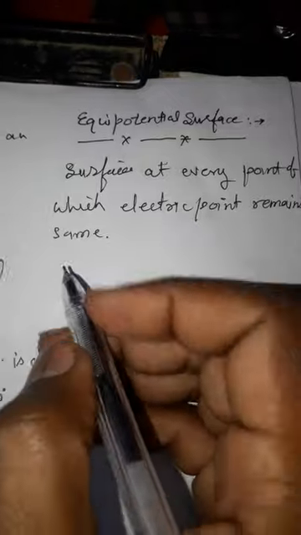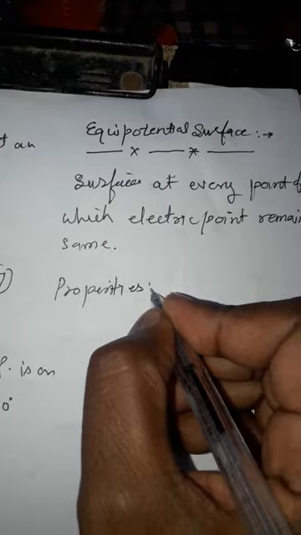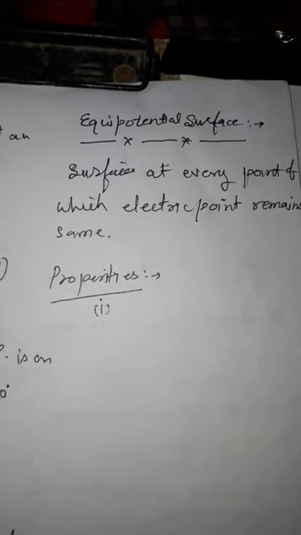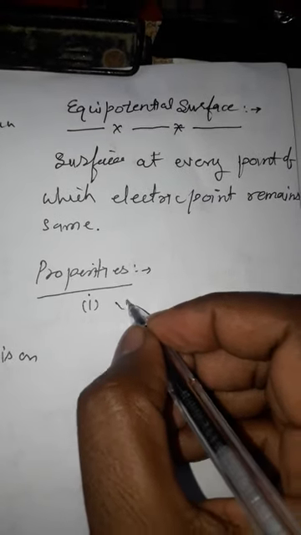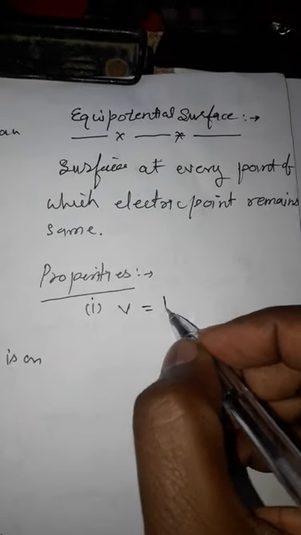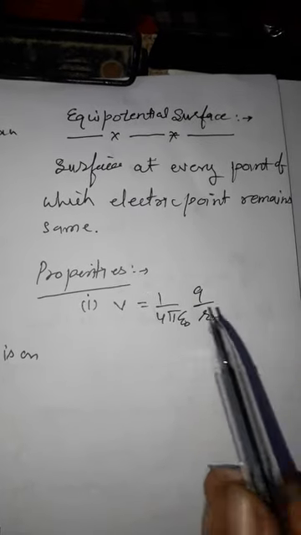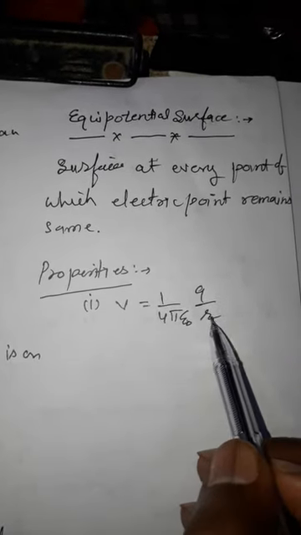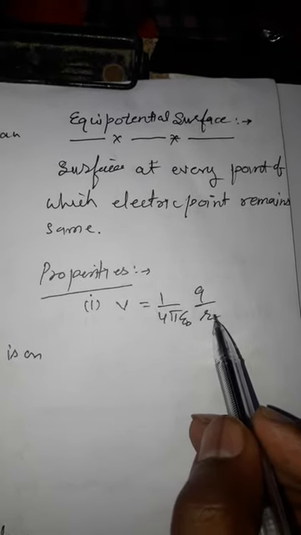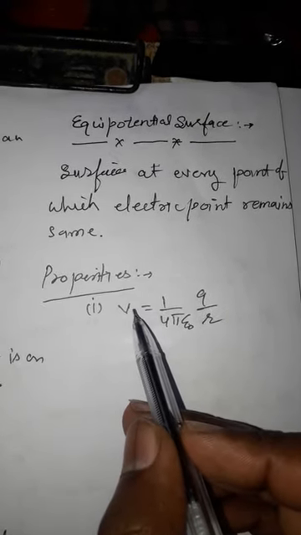Now there are certain properties of equipotential surfaces. The first one is that, as we know, the potential due to a single charge is given by 1 by 4 pi epsilon naught q upon r. Due to a charge, potential depends on r only. So for the same distance from a point charge, potential remains the same.